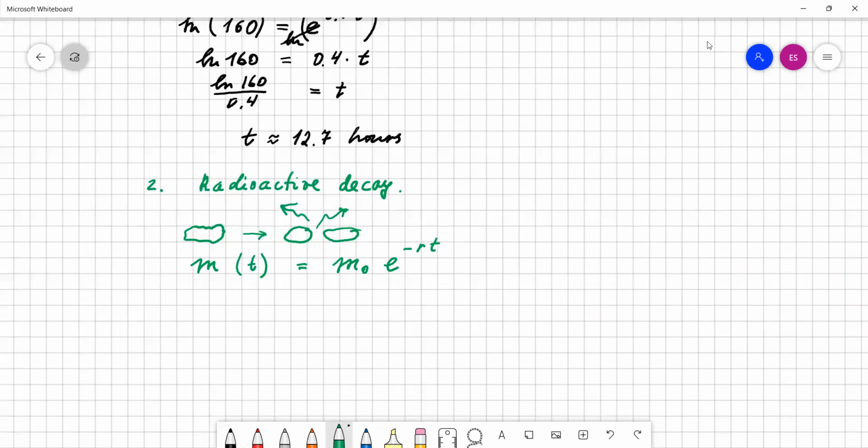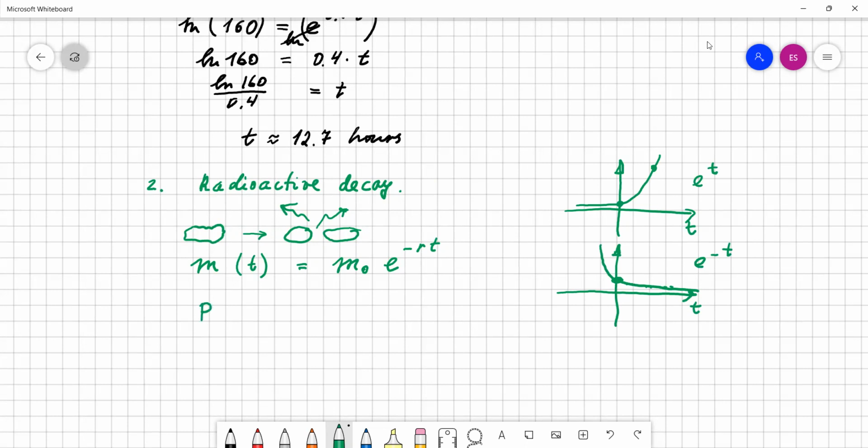If my first problem was growing exponentially like this, from this value to somewhere here, the decay problem is going to have a graph looking like this. So you have the initial mass, and then it decreases with time. That's e to the power of negative rt, and that's what we are going to have.